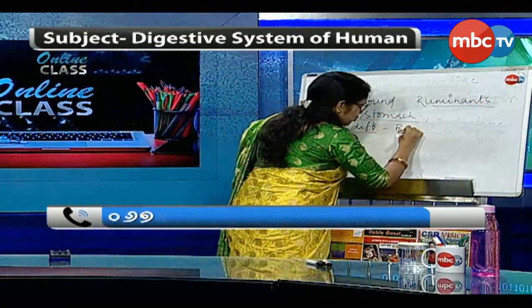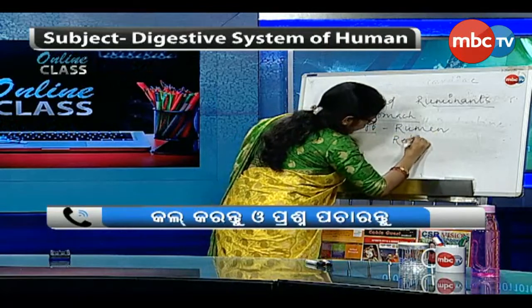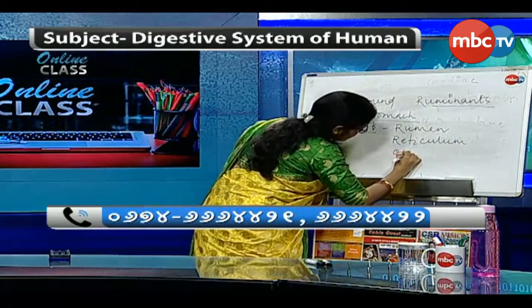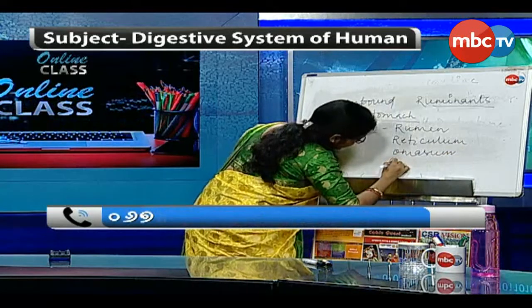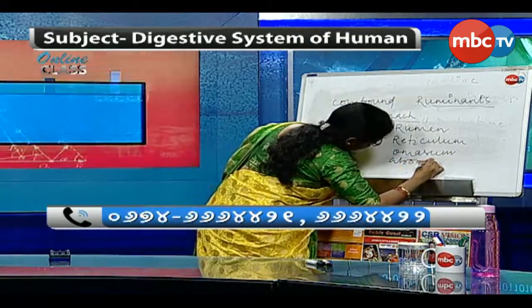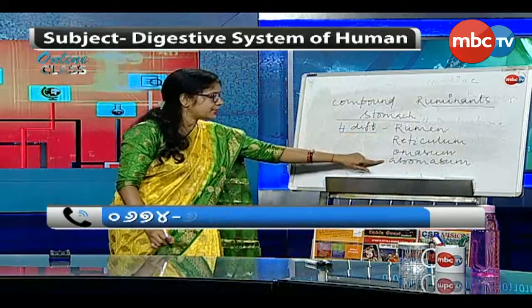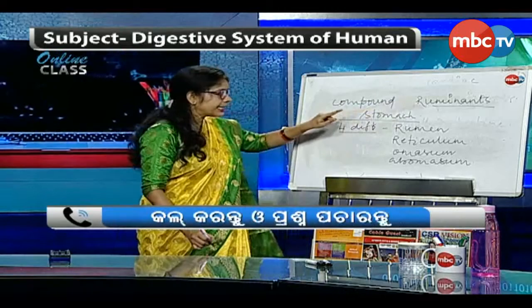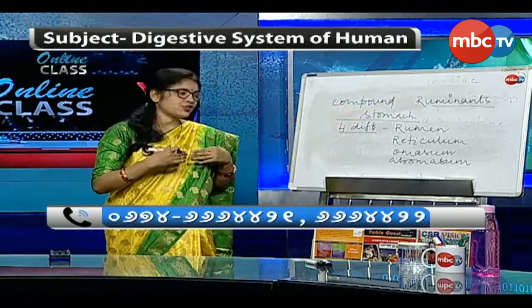First one is rumen, second one is reticulum, third one is omasum, fourth one is abomasum. These are the different parts present within the compound stomach of a ruminant. It is the difference between the ruminants and our stomach.